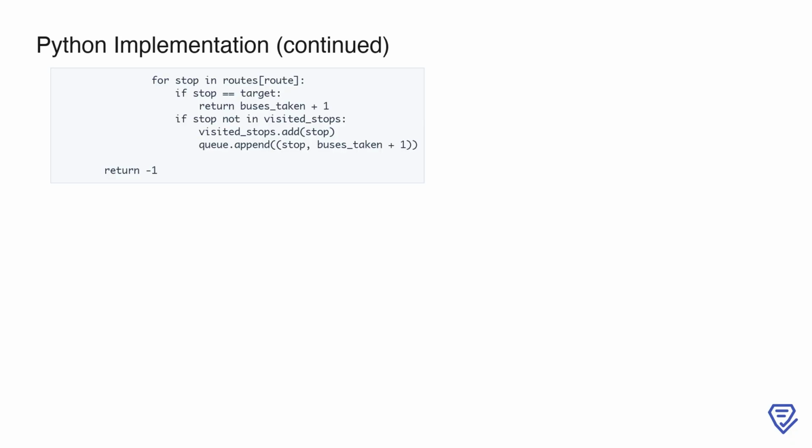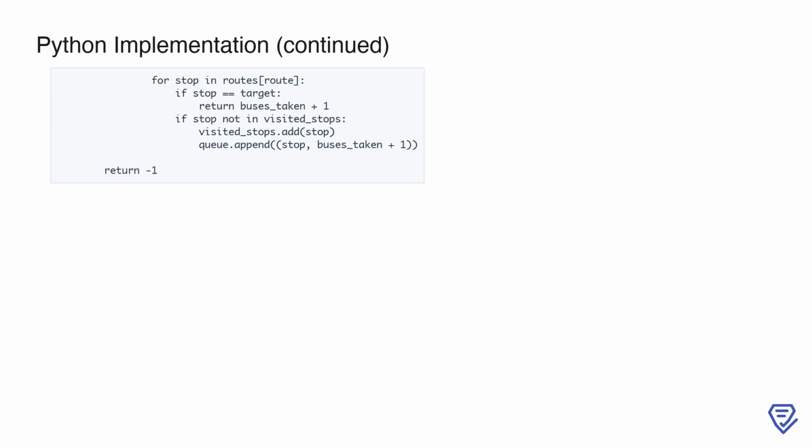Then, for each stop in the current route, we check if it matches the target. If it does, we return the number of buses taken so far, plus 1, because we've successfully reached the destination. If the stop hasn't been visited yet, we add it to visited_stops and enqueue it with an incremented bus count. This ensures that we explore all possible stops reachable from the current route.